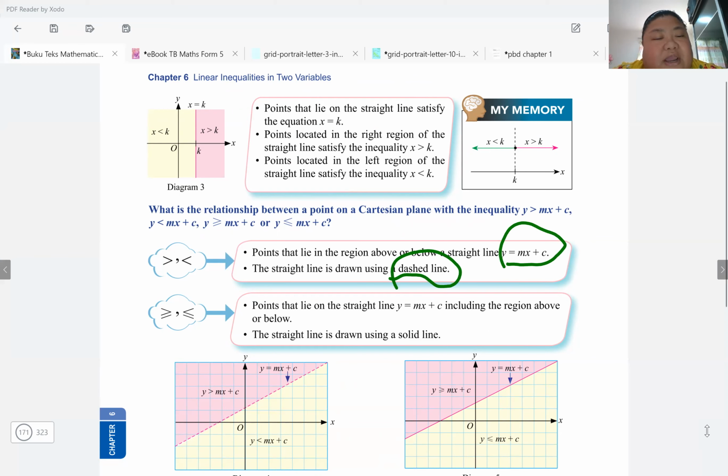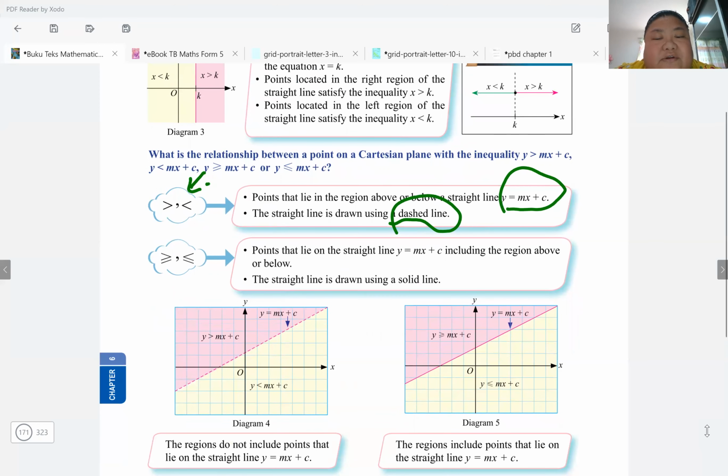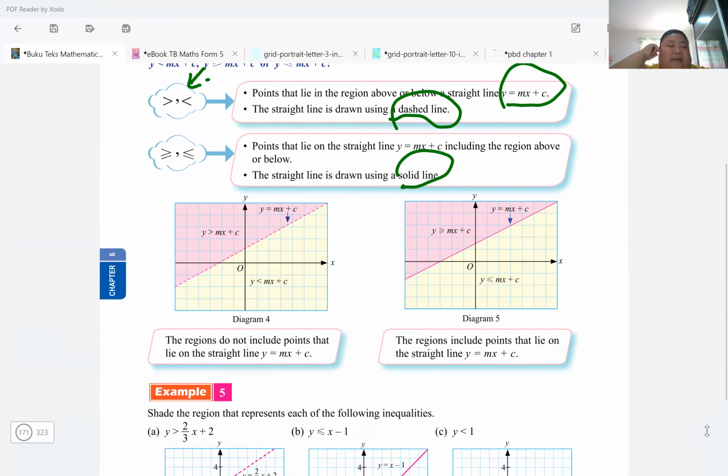If you see a dash line, you definitely use one of these two. For this one, you have to use the solid line. This is a solid line, as you can see from the diagram. If we have a dotted line, let's say y equal to mx plus c, the region above, the pink one, is y greater than mx plus c, and below is y less than mx plus c.